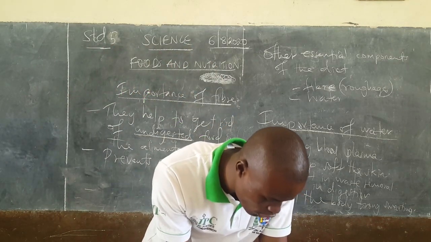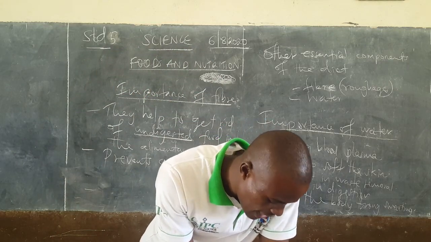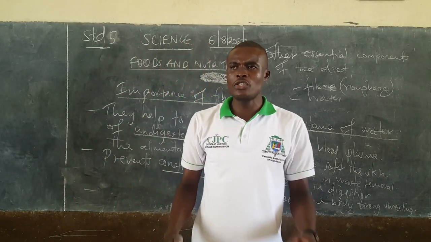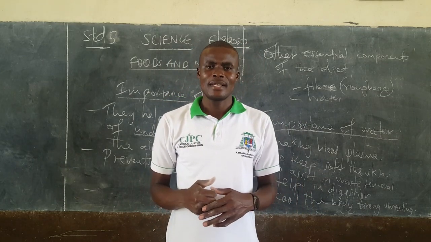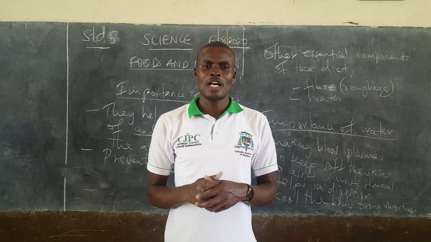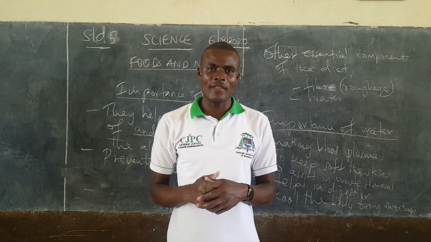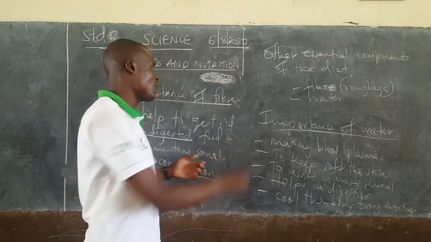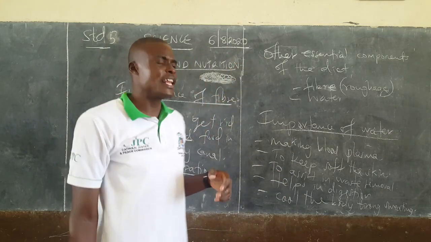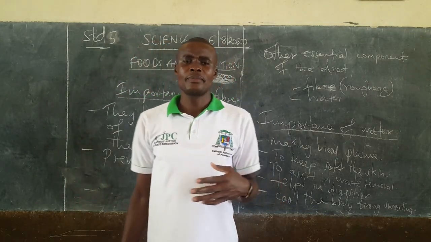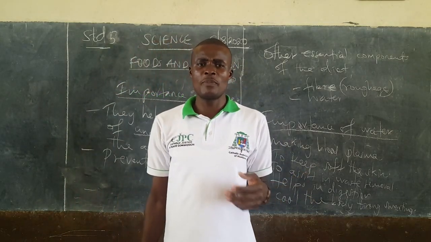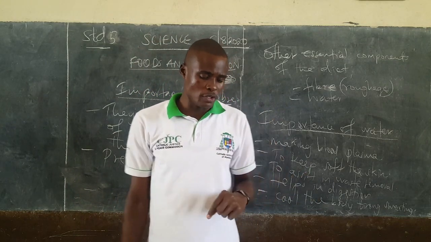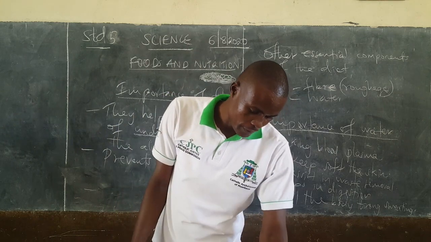Constipation is the condition whereby a person strains when passing waste. A person cannot pass waste easily. Somebody struggles. You know how you normally struggle when you have that problem. So when you eat the required amount of fiber, you will never experience constipation when you go to the toilet. So fiber prevents constipation from happening in our body.